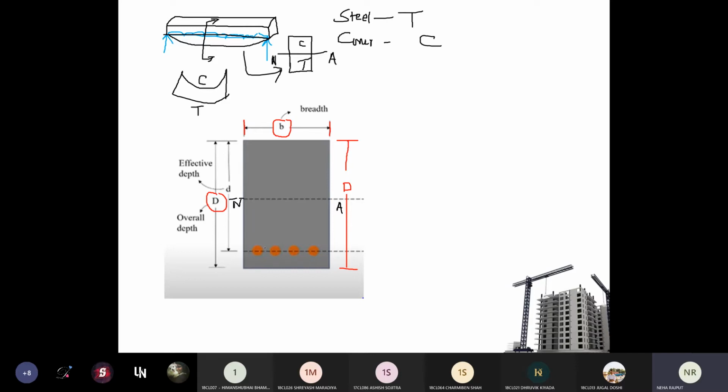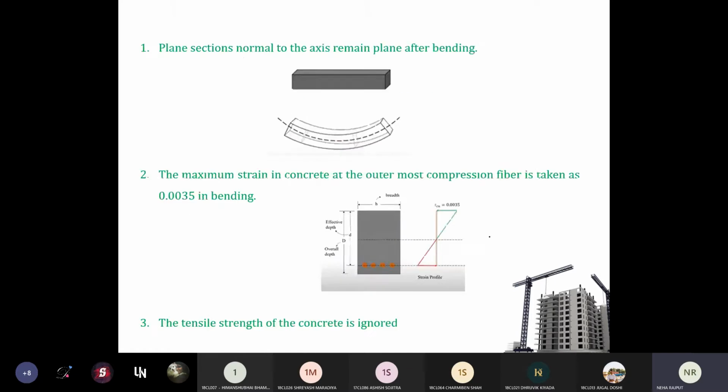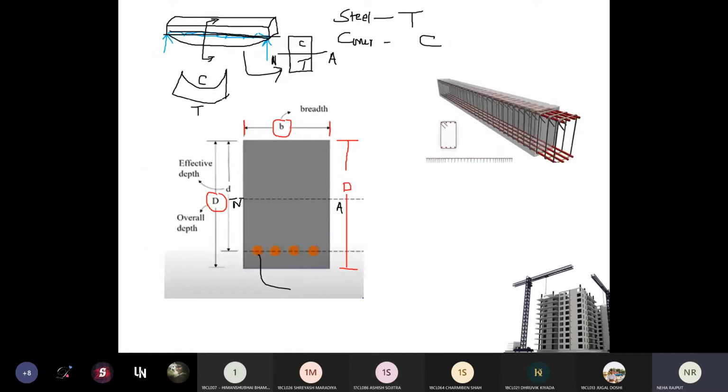Here, the tension reinforcement, this is called the reinforcement. So the reinforcement bars are placed like this, same as over here. These are the lengthwise reinforcement bars placed at top and bottom. If the main bars are provided at the bottom, here the bars are provided at the bottom.